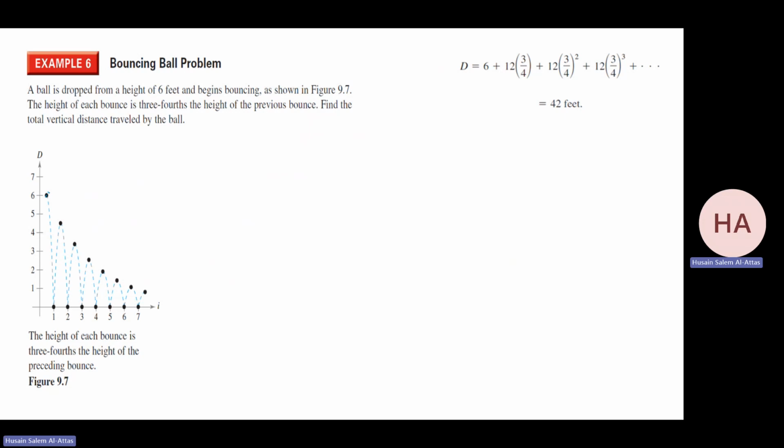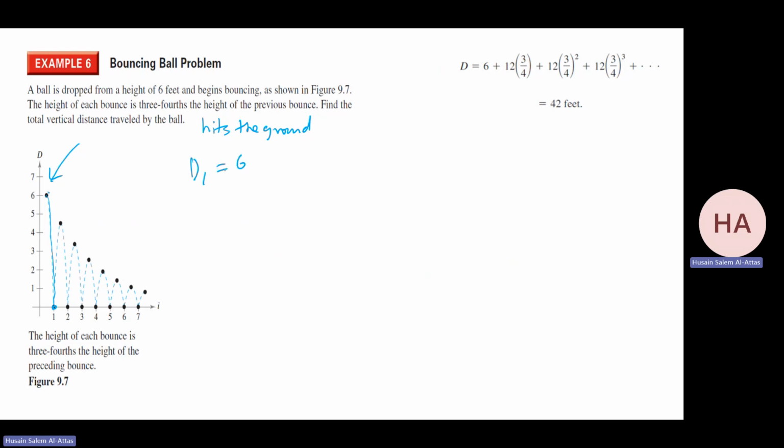Let me say this: the ball starting from here is the starting point. It will hit the ground here. So the first time it hits the ground, what will be the distance?